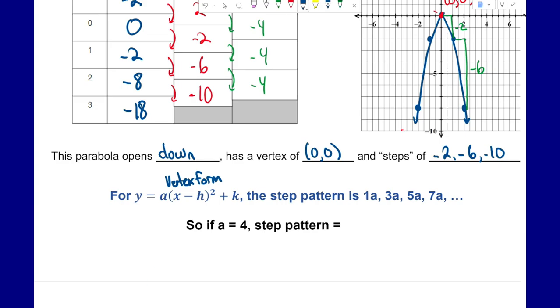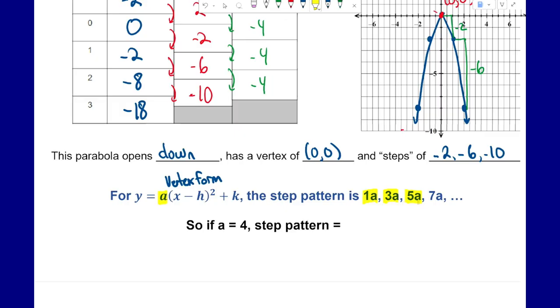But for right now, we just want to focus on the step pattern. Now, the step pattern is a general pattern, and they all have the a variable, which comes from the equation. So the step pattern follows a pattern of 1a, 3a, 5a, 7a, 9a, 11a, and so on, but we really only worry about the first three steps.